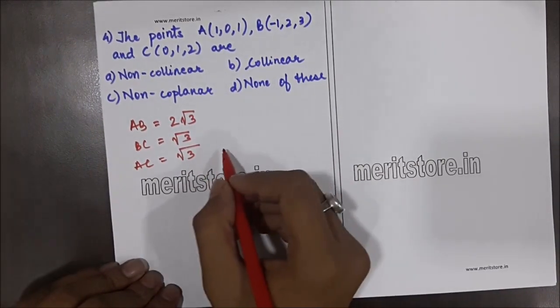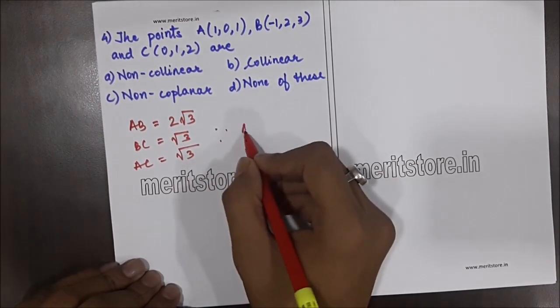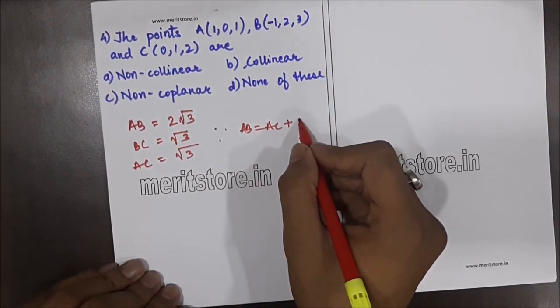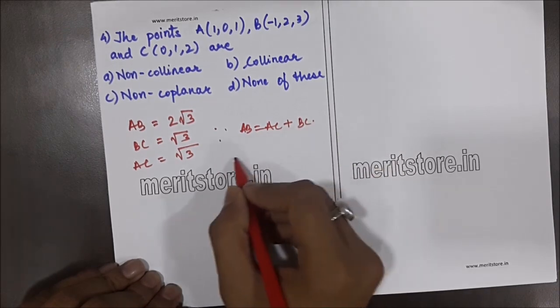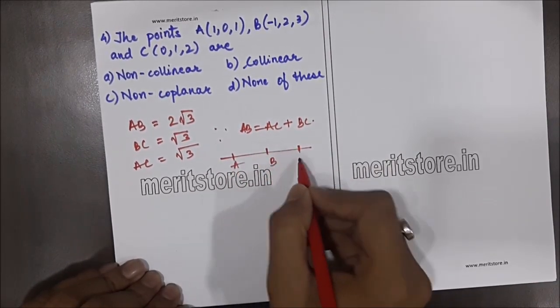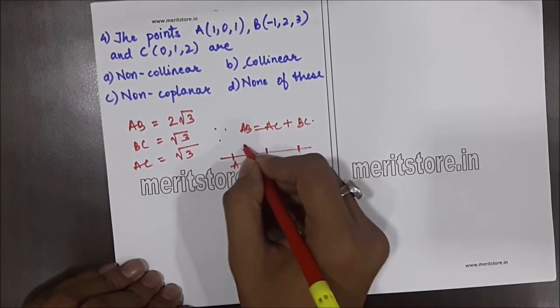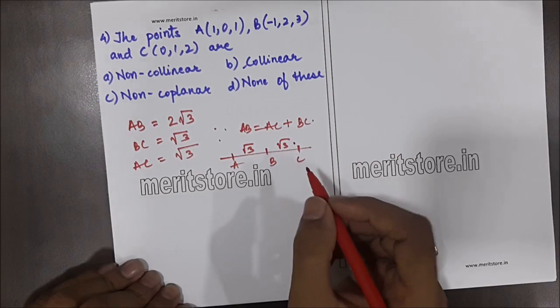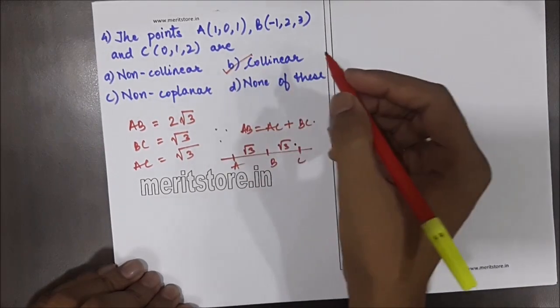Okay, because AB is equal to AC plus BC, so here we get root 3, here we get root 3. Therefore, these points are collinear.